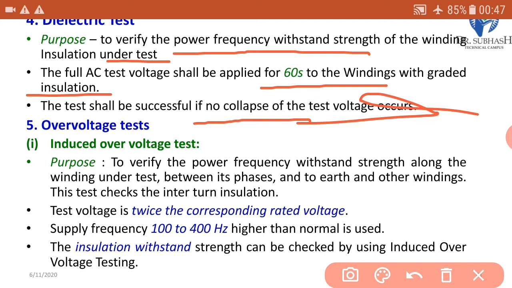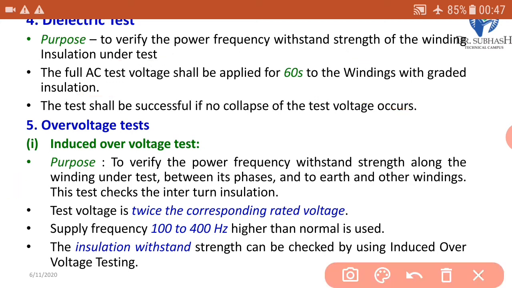Next test is overvoltage test. The first test under overvoltage tests is the induced overvoltage test. What is the purpose? To verify the power frequency withstand strength along the winding under test, between its phases, and to earth and other windings.